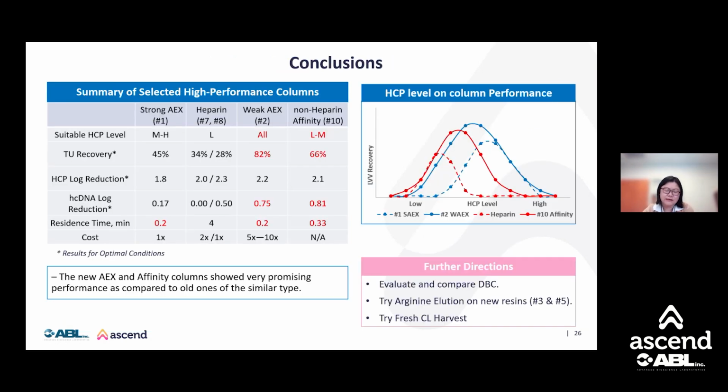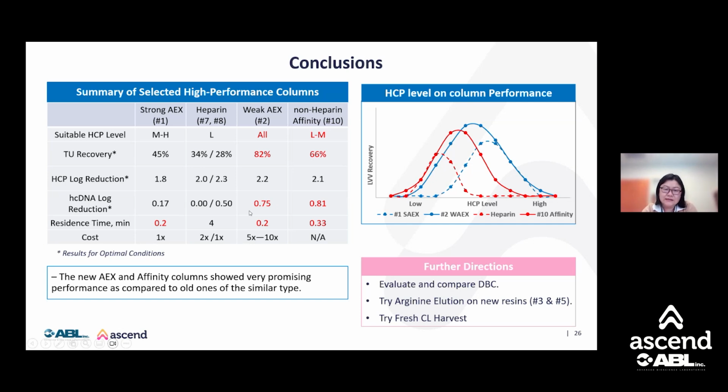So this table summarizes the top performing resins under their optimal condition, with high LVV recovery and whole cell protein removal, but each has its pros and cons. Overall, the new columns showed a very promising performance as compared to the old ones of the similar type.